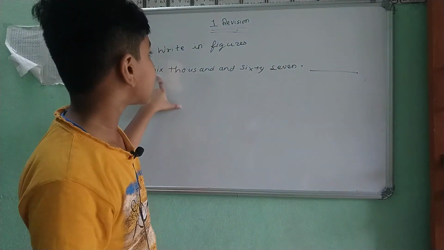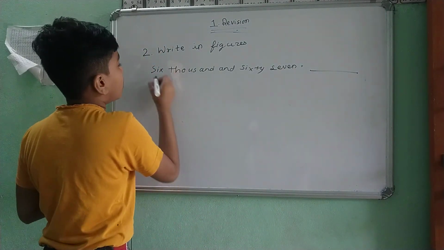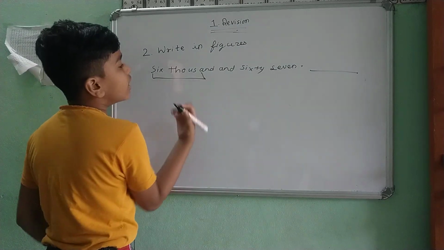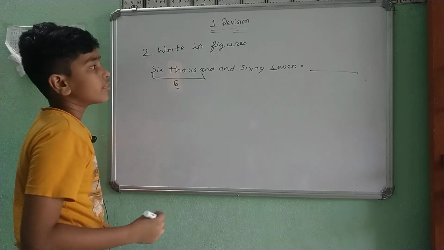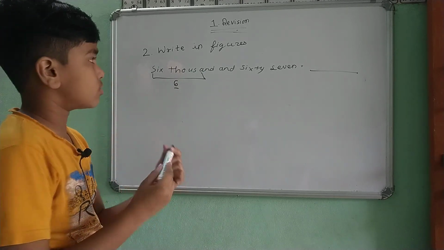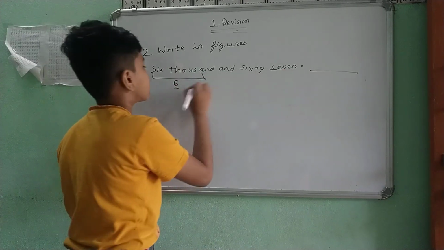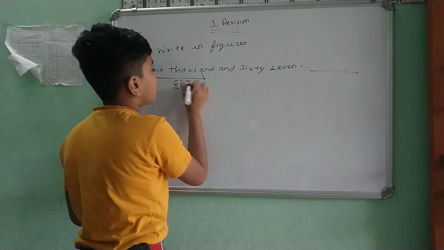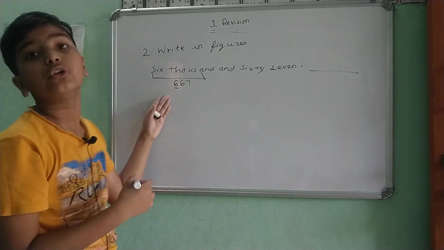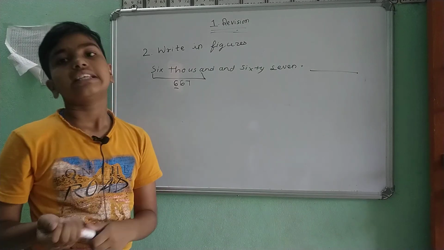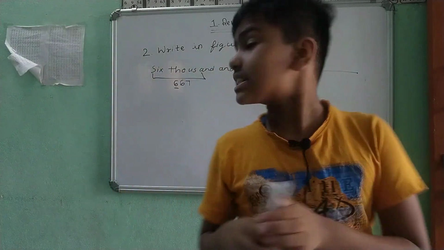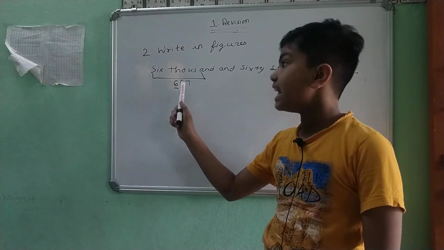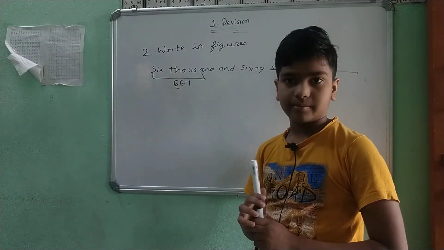So see, 6000 it says. So what this shows me is that the 6 is on the 1000 place, but there's no hundreds. So your number is 6067. So this is how you write 6067, children. Okay, this is how we write 6067.